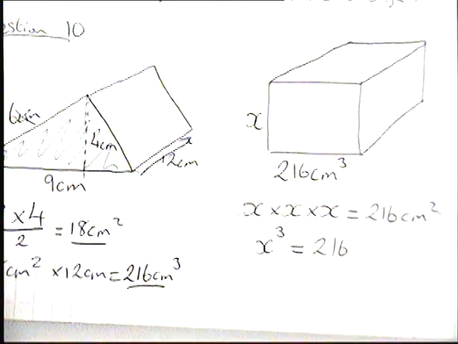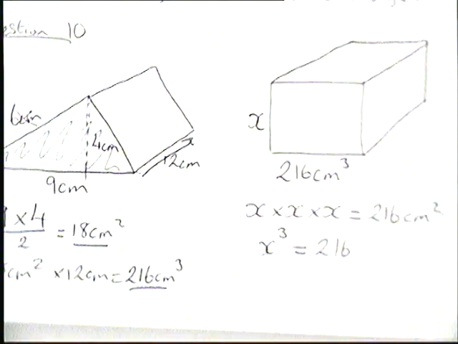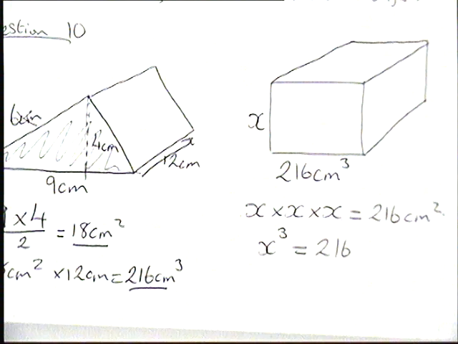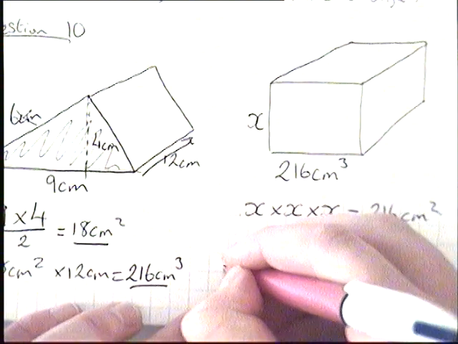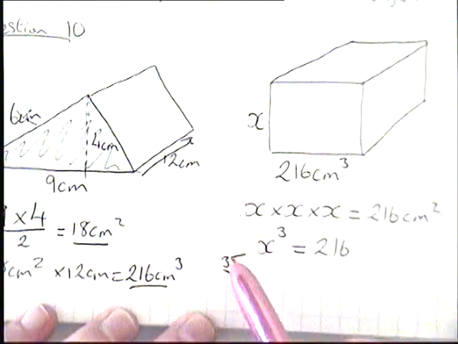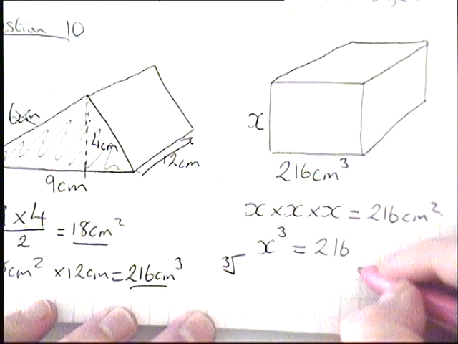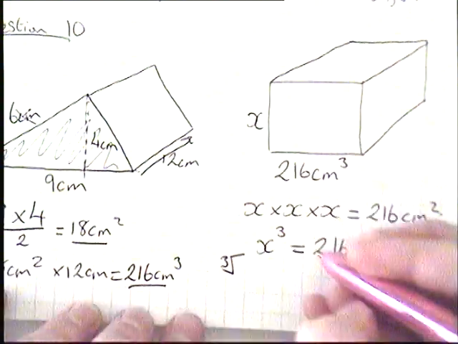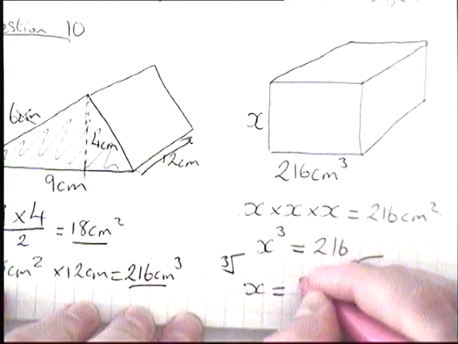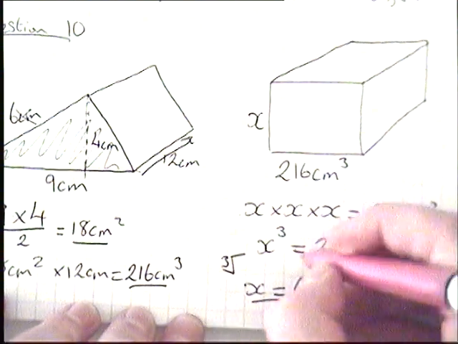So again, we've got a little equation to solve. We need to work out what the cube root of 216 is, because that's how we undo a cube. So we're going to cube root 216. That's the little symbol on your calculator that looks like a square root, but it's got a little 3 just next to it there. So cube root both sides, and x equals 6 centimeters.